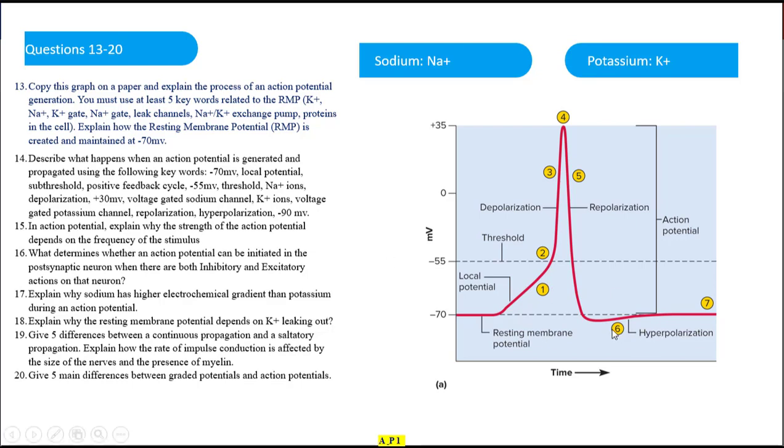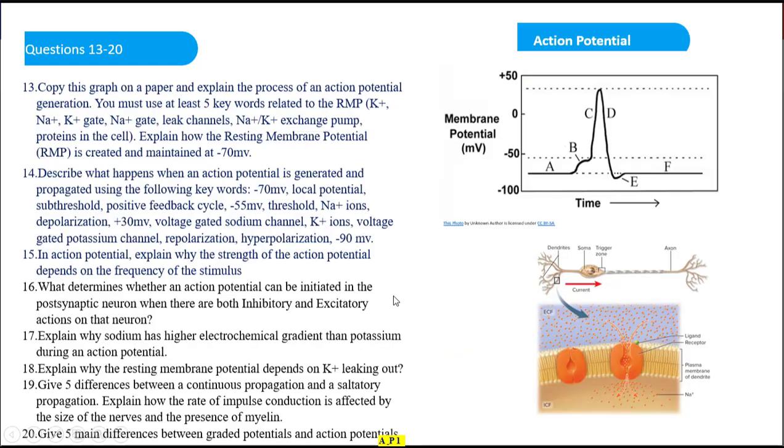But at the bottom here, number 6 means when it gets back to negative 70, the potassium gate, which is just the potassium door, will close. While they're closing, there's still more potassium coming out, which makes the cell even more negative than the normal resting membrane potential. We call that hyperpolarization. So the cell will go below negative 70 and then come back to itself.